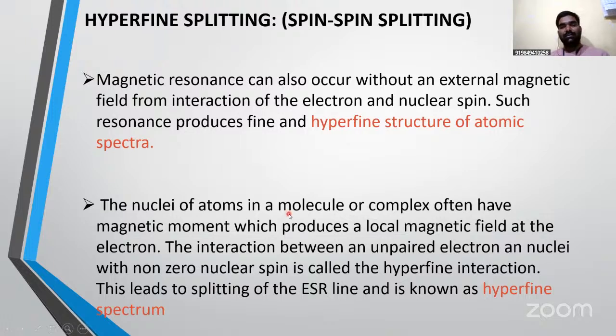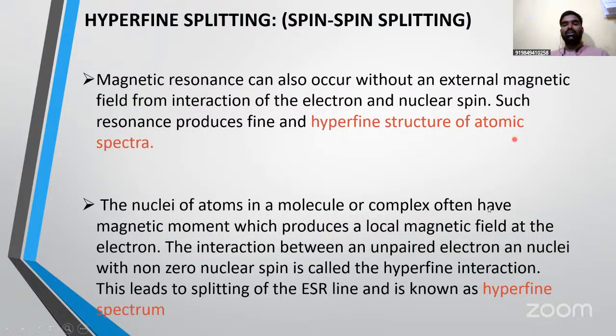The nuclei of atoms in a molecule or complex often have magnetic moments, which produce a local magnetic field at the electron. The interaction between an unpaired electron and a nucleus with non-zero nuclear spin is called a hyperfine interaction.